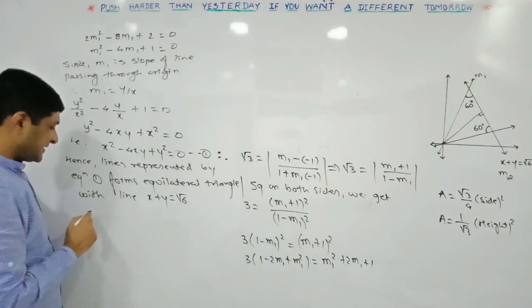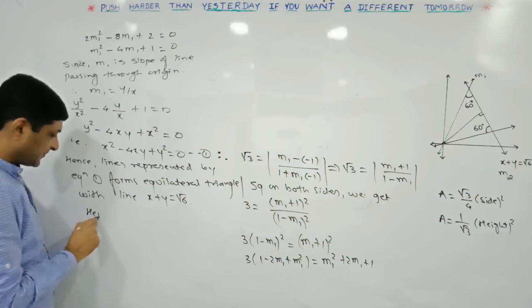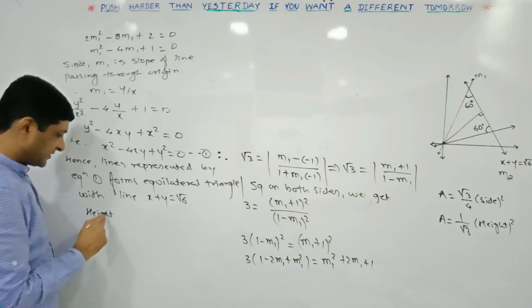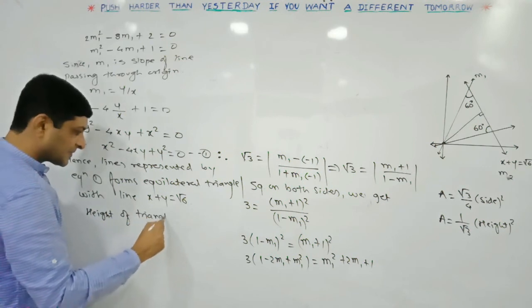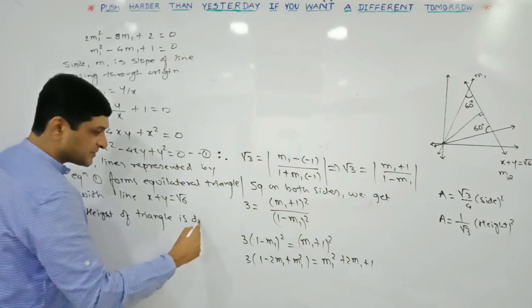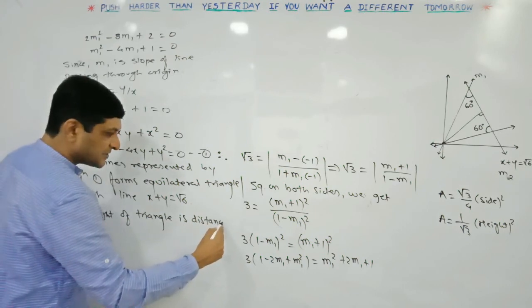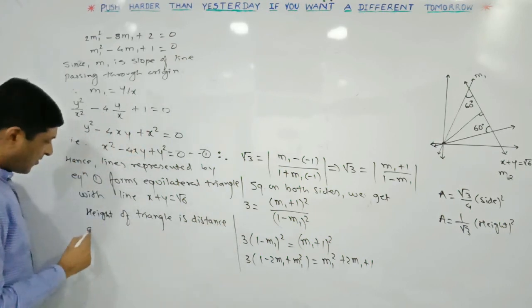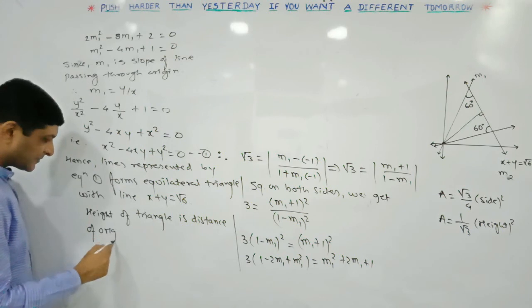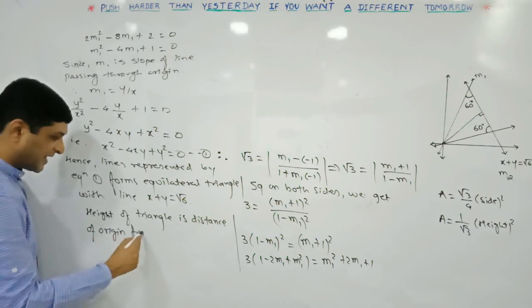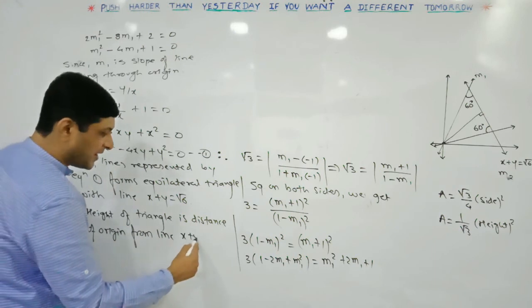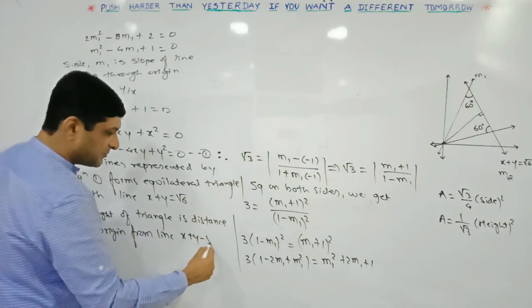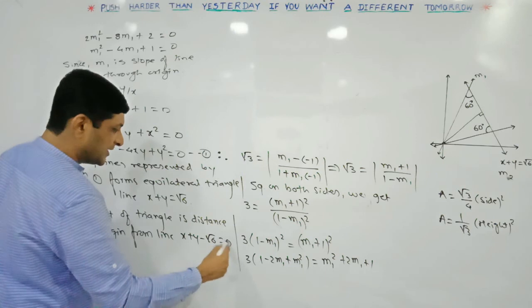So here we can say that the height of the triangle is the distance of origin from the line x plus y plus root 6, on this side it will become minus root 6, is equal to 0.